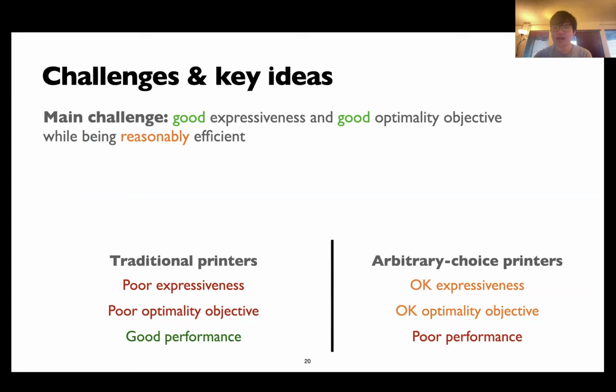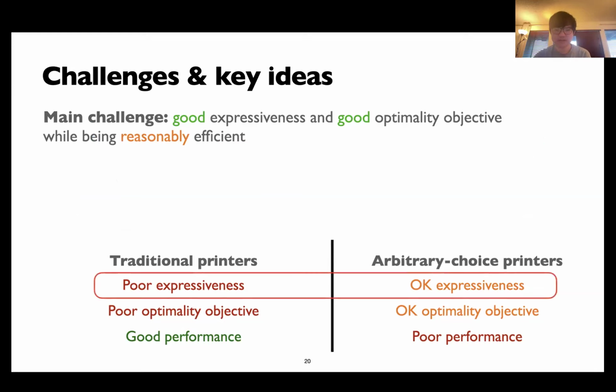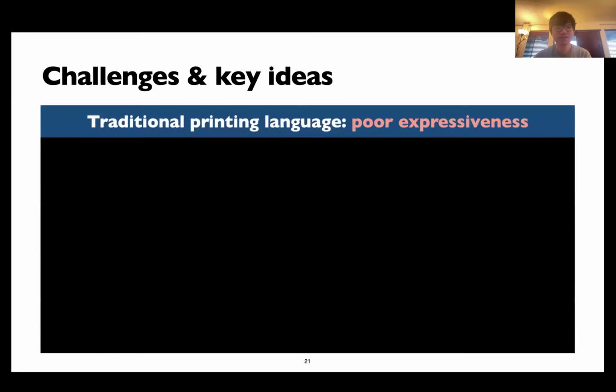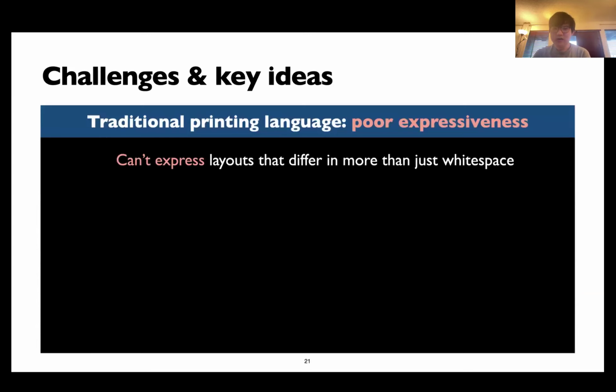And let's start with the expressiveness aspect. The traditional printers have poor expressiveness. Well, that's because they cannot express layouts that differ in more than just white space. Here's an example. These are two layouts. It is not possible to construct a document in the traditional pretty printing language to encode these two layouts, because one of the layouts has an extra comma, this is called a trailing comma.